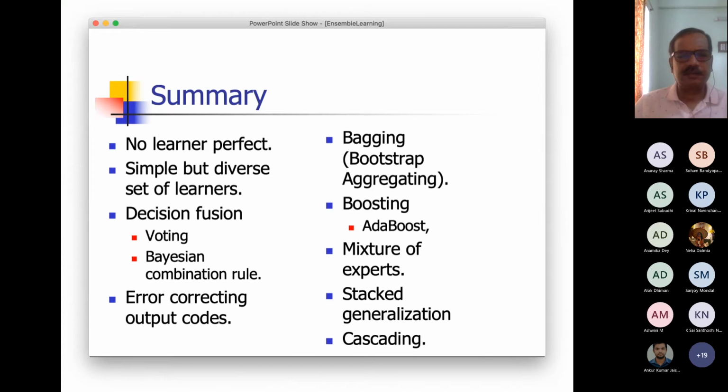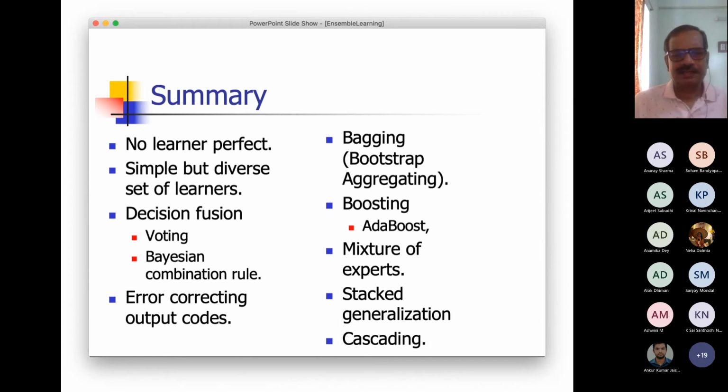Now, for decision fusion, we considered different rules like voting, and there are decision combination rules also we have discussed. Error correcting output codes is an interesting concept where you make the decision-making process more robust with multiple learners.